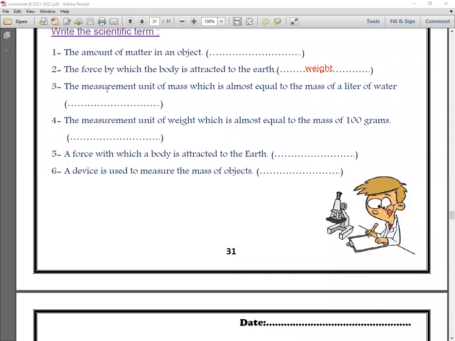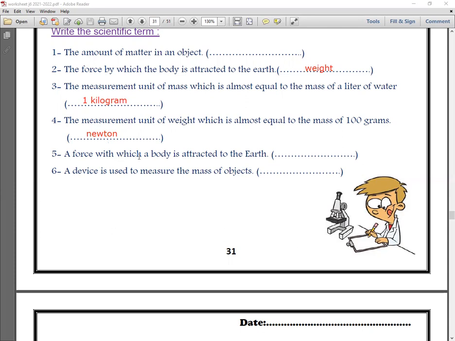Number 3, the measurement unit of mass, which is almost equal to the mass of 1 liter: 1 liter equals 1 kilogram. Number 4, the measurement unit of weight, which is almost equal to the mass of 100 grams, is the Newton.